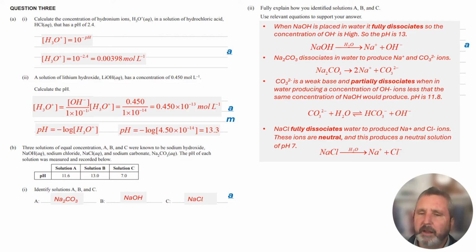If you explained that the difference in pH between the sodium carbonate and sodium hydroxide is to do with the degree of dissociation, for these two substances here, you get a merit. And basically, if you put everything down, you're going to get the excellence.